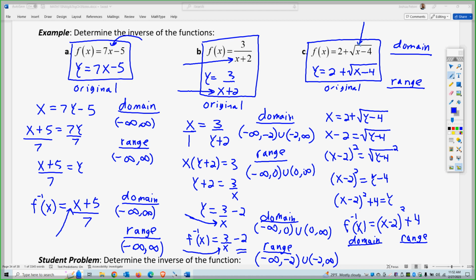So the lowest number I can plug into there is a 4. Anything less than 4 will result in a negative. So I have to plug in 4 or greater, right? So as a result, that is the range of my inverse function, which will be 4 or greater. Okay.